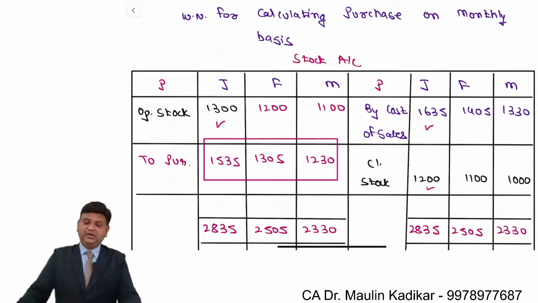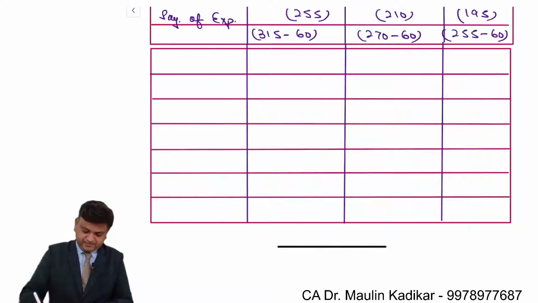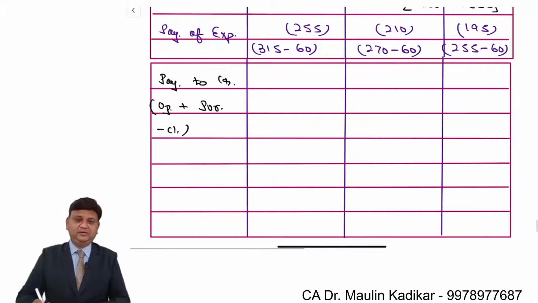So we are required to make the calculation of the payment to creditors like this. Payment to creditors will be calculated as opening plus purchase minus closing.